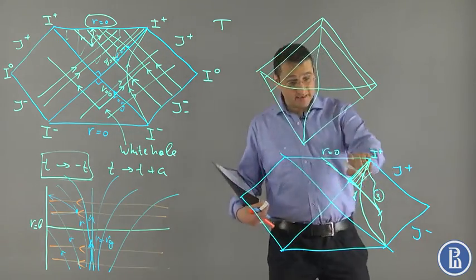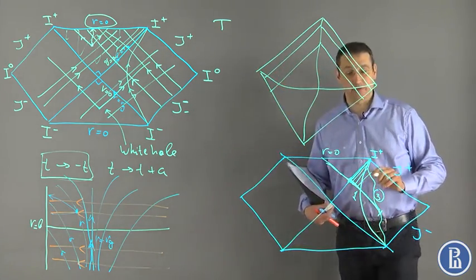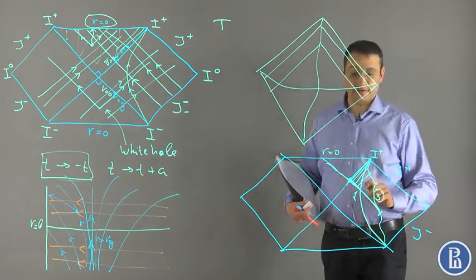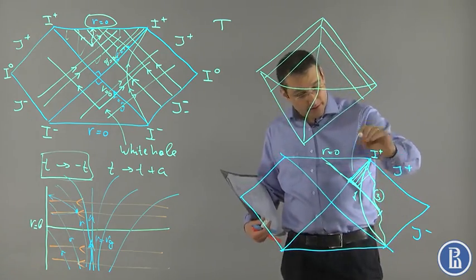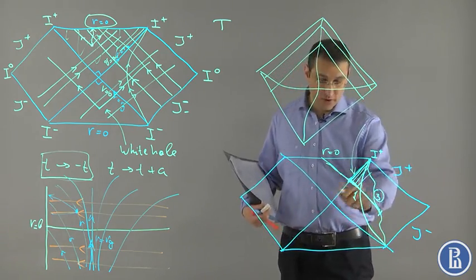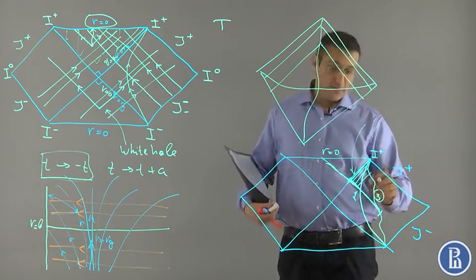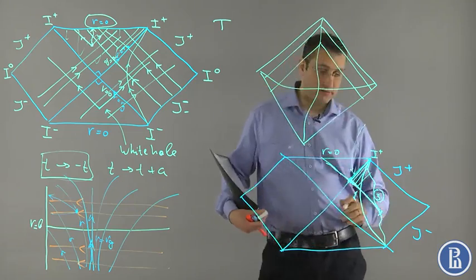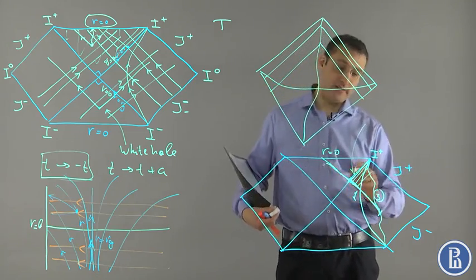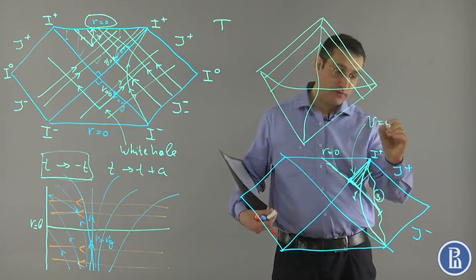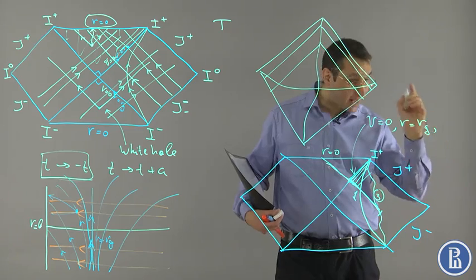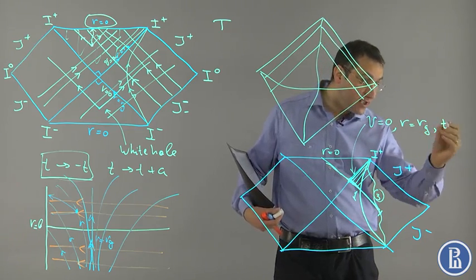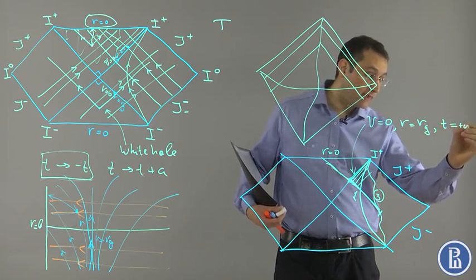So indeed, this is very similar to what we have encountered in the first lecture in the description of the Rindler spacetime. Remember that this surface is the future event horizon. This is actually the past event horizon of the Schwarzschild, so this is the future event horizon. It corresponds to u equals 0. At the same time, it corresponds to r equals rg, but also it corresponds to t equals plus infinity.